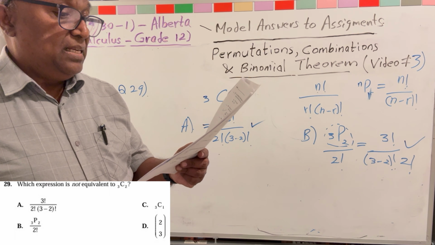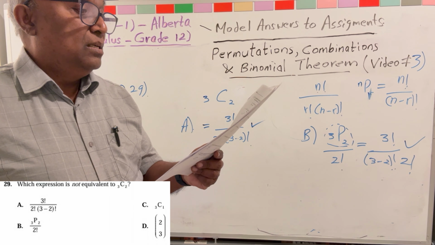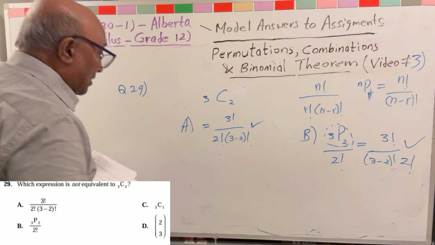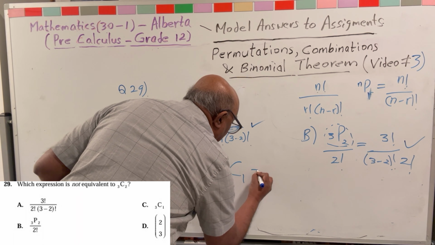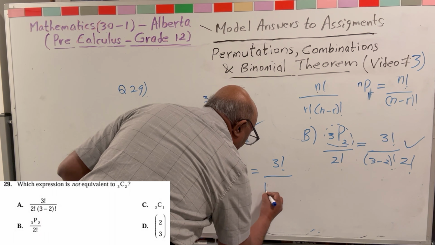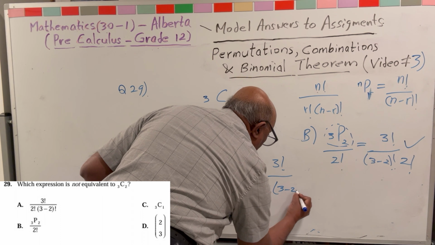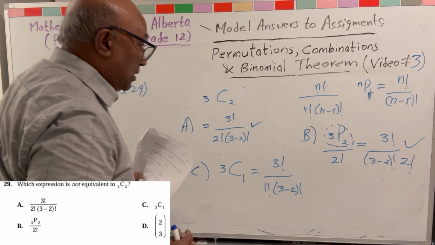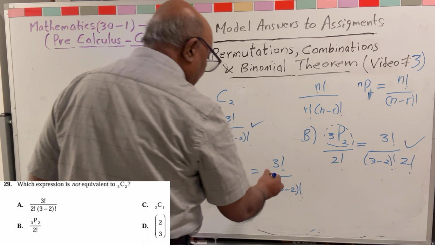A, B, C, sorry, C, 3C1. Let's simplify this. 3C1 is factorial 3 upon factorial 1 factorial 3 minus 1.